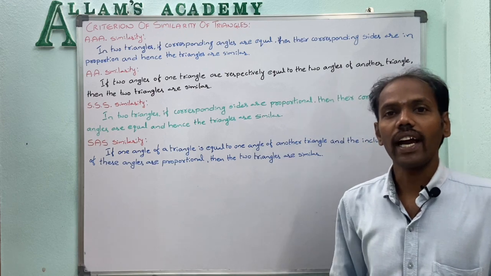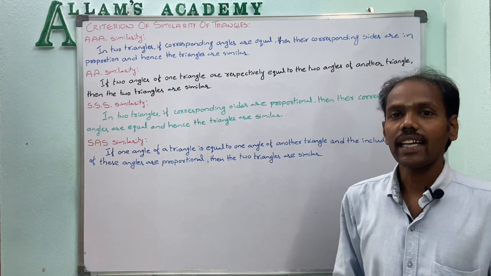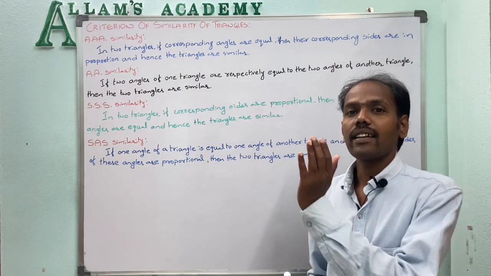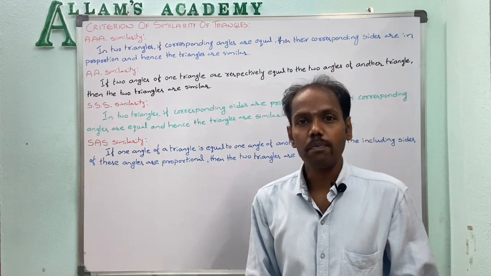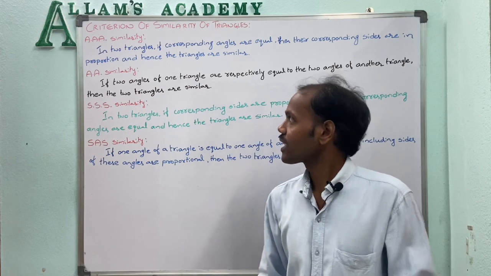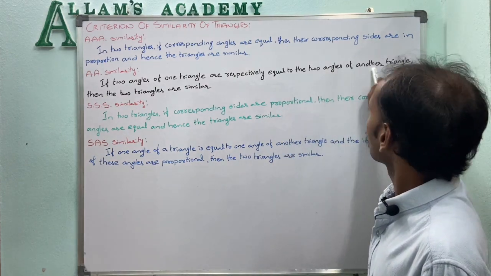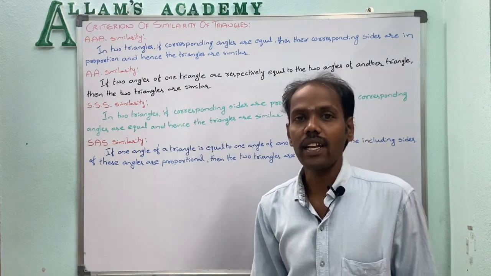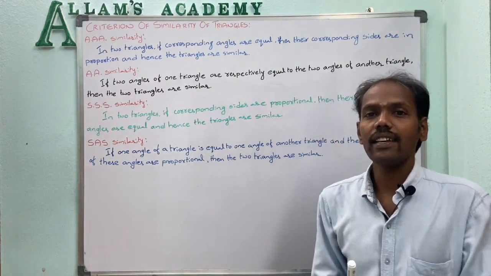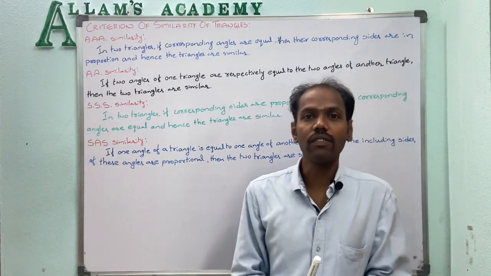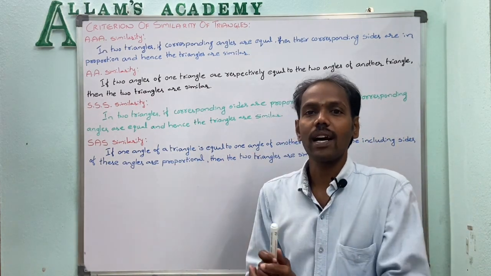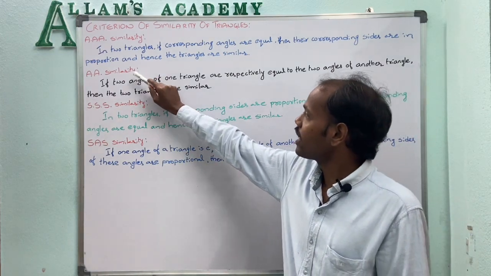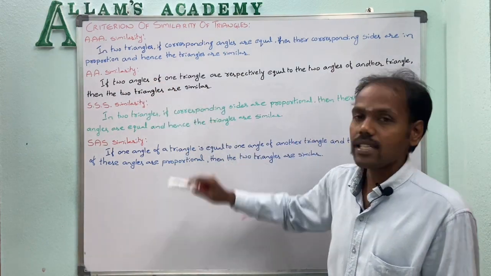So in two triangles, if any two angles of one triangle are equal to the corresponding angles of another triangle, that is all that is given, then the two triangles are similar. If two corresponding angles are equal, then the third one is compulsorily equal. For that reason, by AA similarity the two triangles are similar.